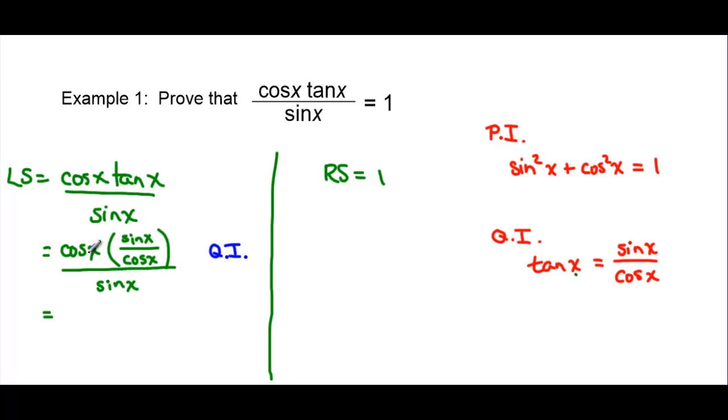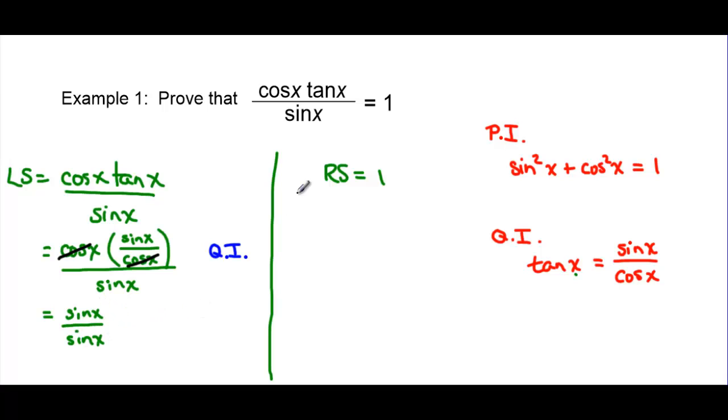Cosine of x multiplied by sine x over cosine of x. When these things multiply, this cos x is sort of like it's in a numerator. So it can actually cancel or reduce with this cos x that's in the denominator of this fraction. Those things cancel right out. And so what we're left with is this sine x left over here, and we're left with the sine x that was in the denominator here.